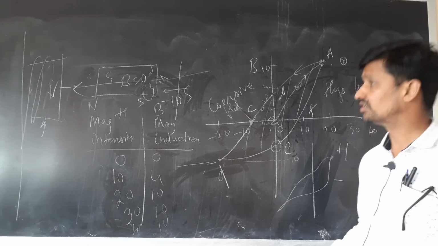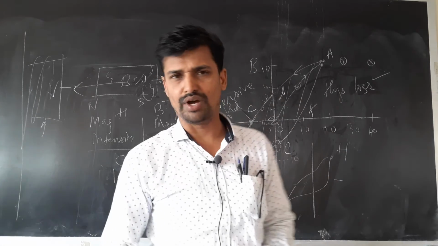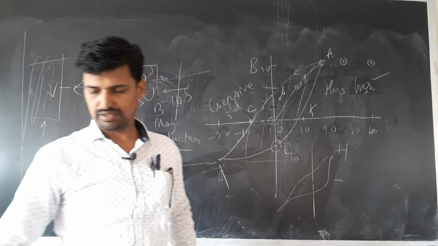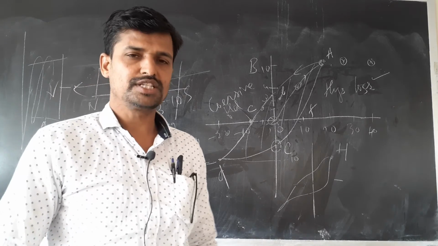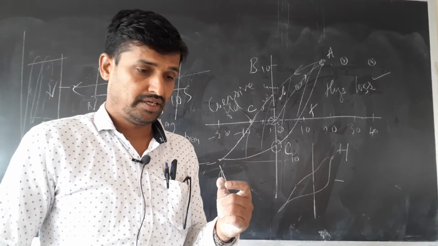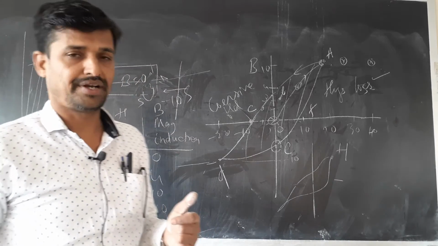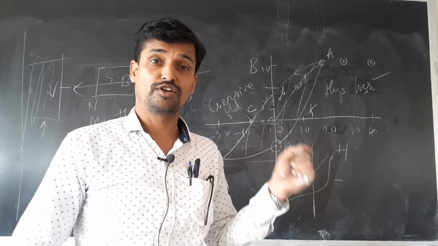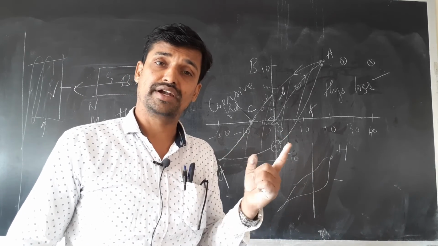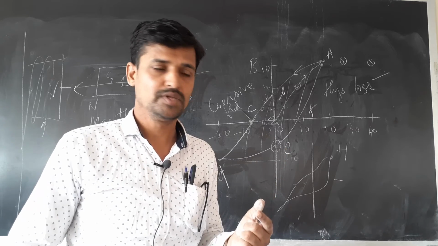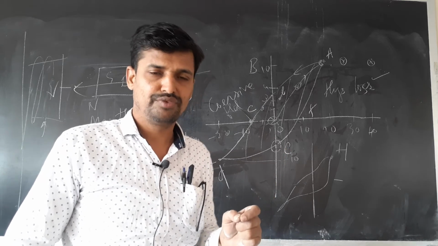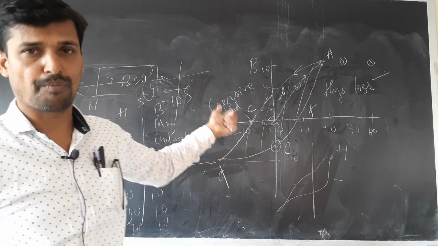Okay. So this is regarding the hysteresis curve. We study this because it finds a variety of applications. For example, in a transformer, what kind of substance should you use? It should magnetize and demagnetize very quickly. So to study all those aspects, we make use of this hysteresis property.